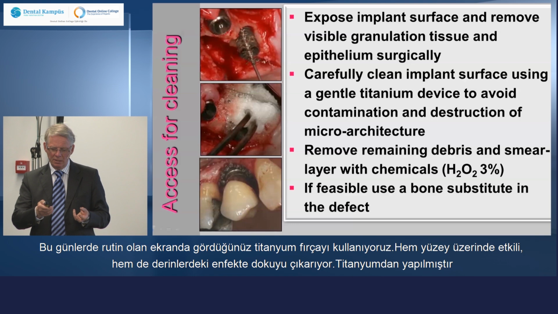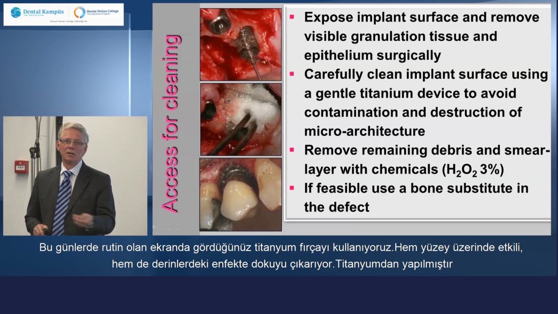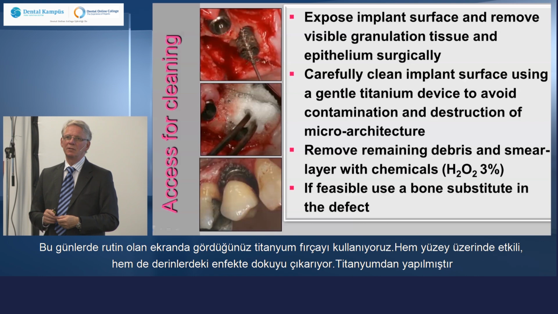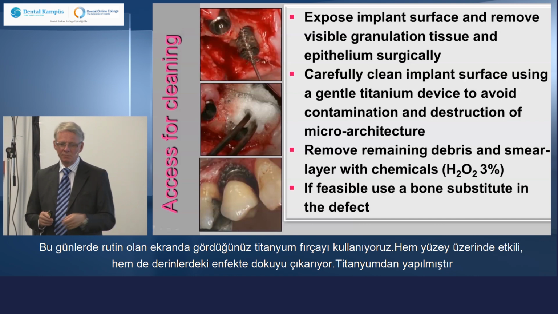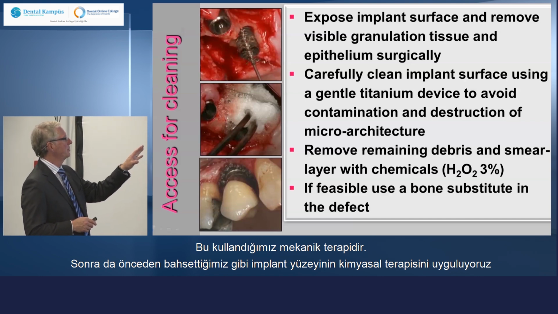We are using routinely now this type of brush. It's a titanium brush. It has some effect on the surface, but it also removes the infected tissue further down, and it is made of titanium. So this is the mechanical type of therapy we use.